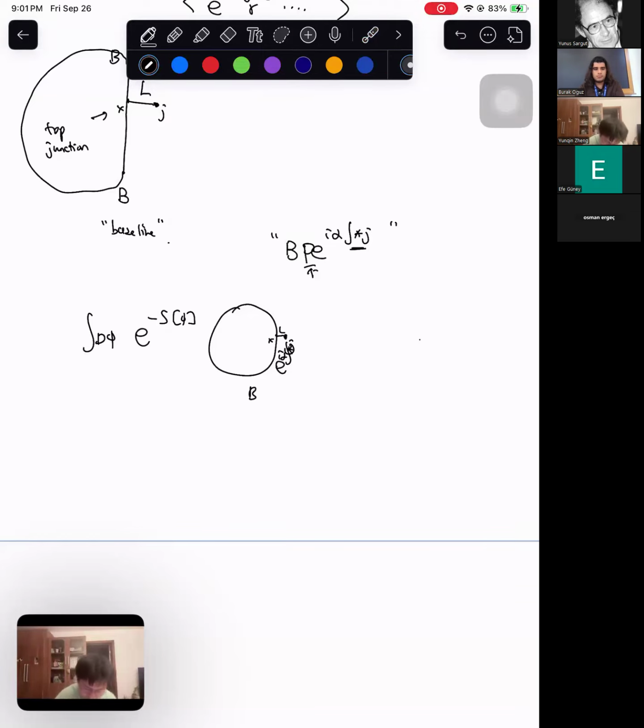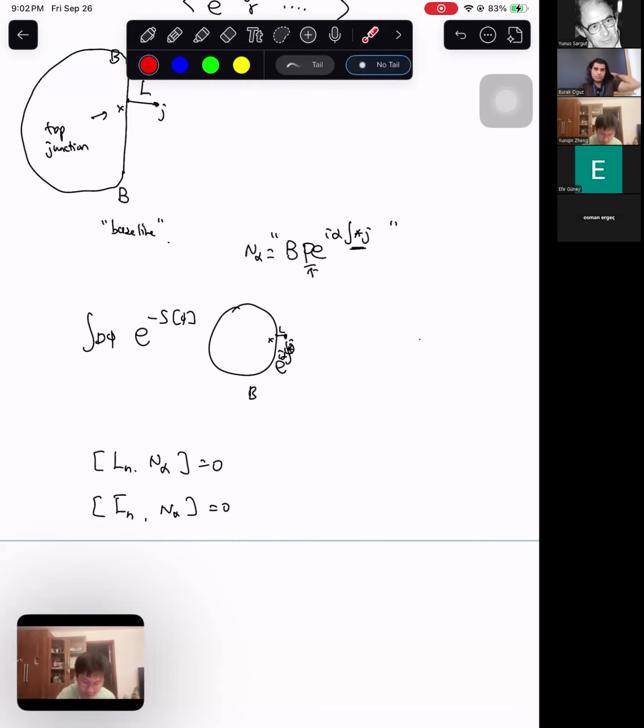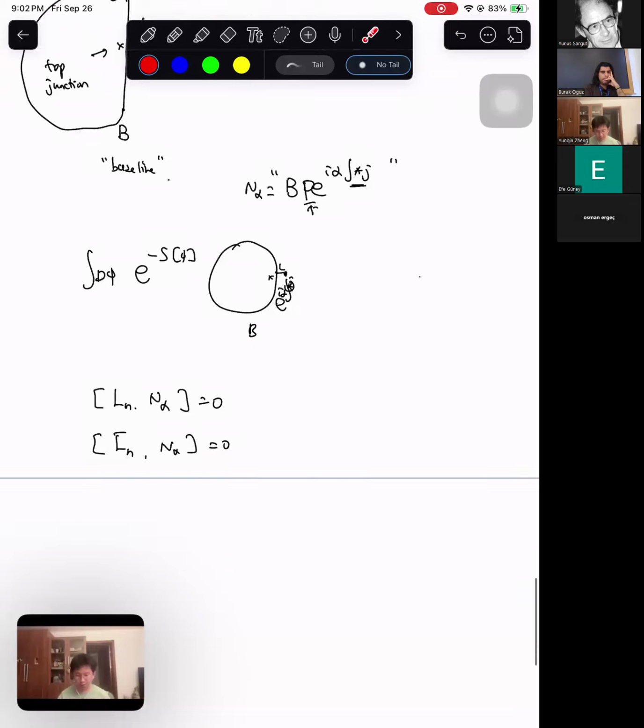And for that, what we need to do is to compute this correlation function. So let's call it alpha to 0 and alpha bar to 0. If you define this operator properly, it turns out that these commutations will vanish, which shows that this operator is topological.